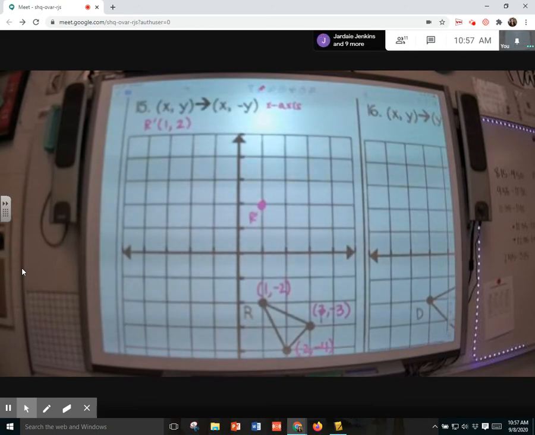Then my S prime is going to be at 2, what? +4.